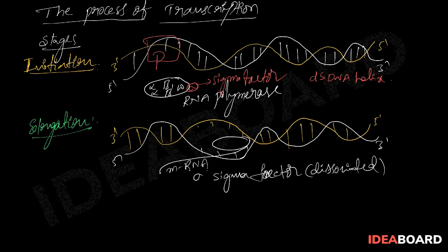Next, termination. The RNA polymerase, after reaching the terminator region, terminates the transcription.